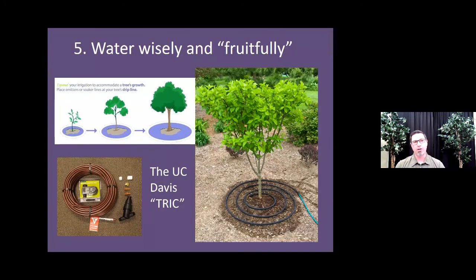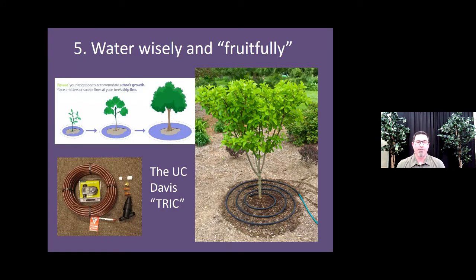Number 5, water wisely and fruitfully. Obviously, we haven't had a lot of rain and we have some warm weather coming, so it's very pertinent to be talking about this at this moment. I've been doing this for 18 years, but I've been helping people with their veggie gardens and fruit orchards for upwards of 22, 23 years.